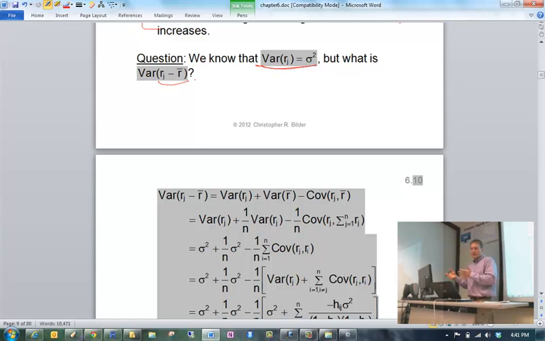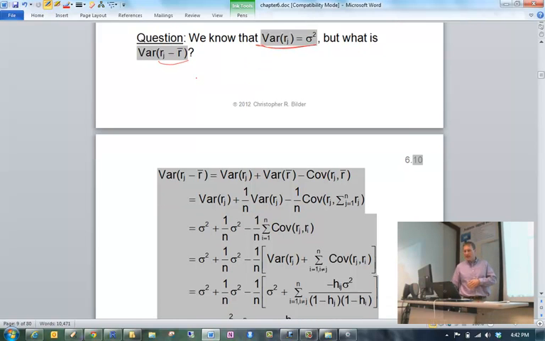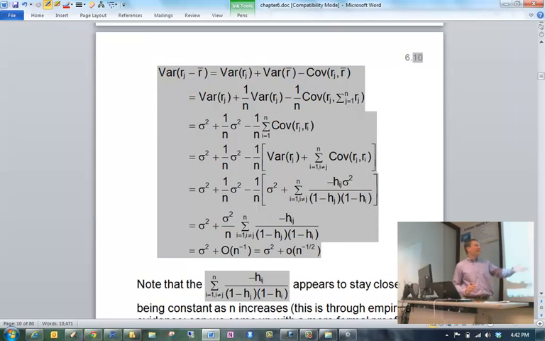No. But it's close. So how would you actually find then what that variance is? Again, use the old formula that you're used to seeing. So variance of Rj plus the variance of R bar minus the covariance of Rj and R bar. It's hard to say R bar.